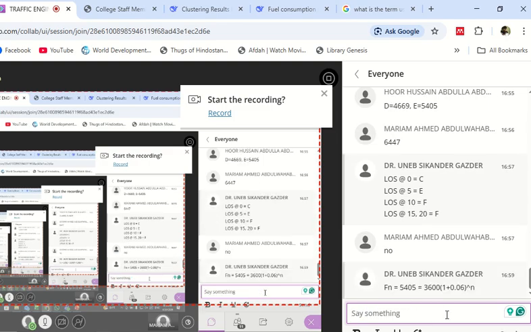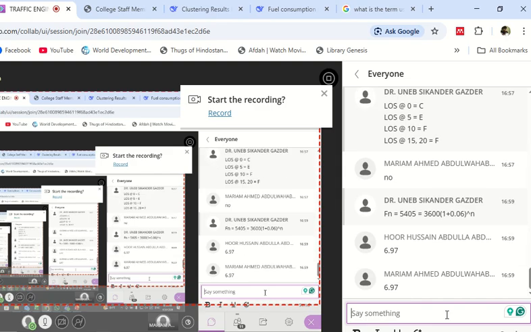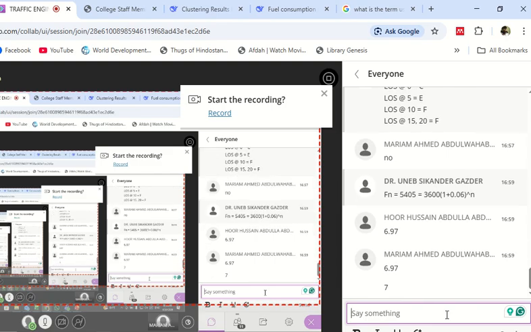So what is my n here? Yeah, so almost 7 years, right?